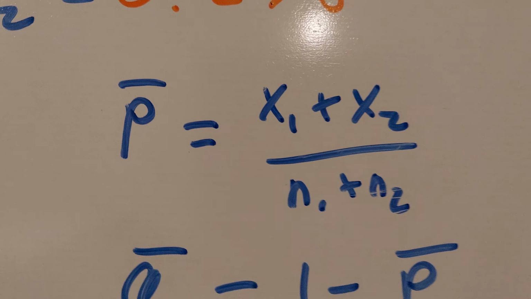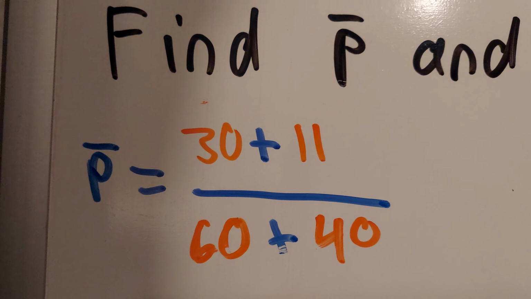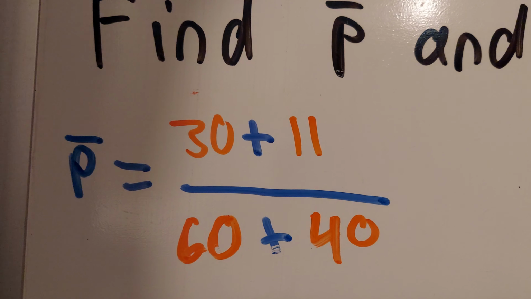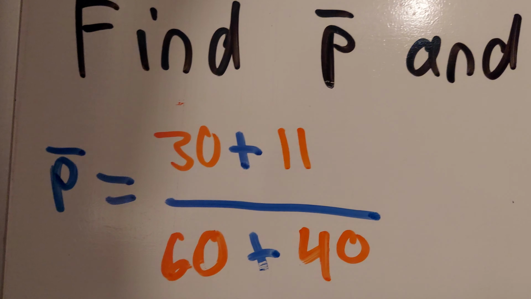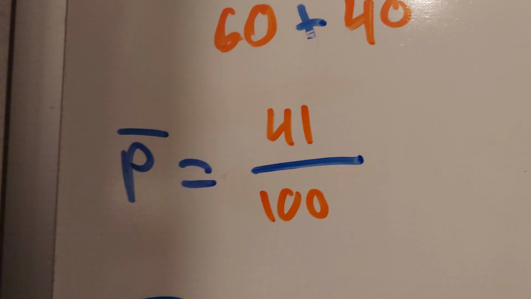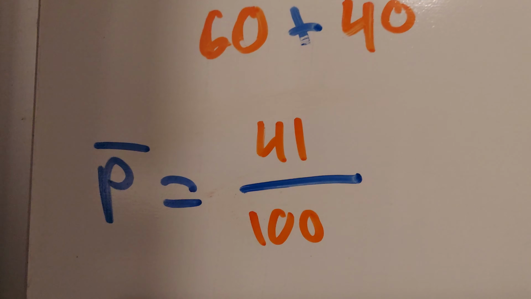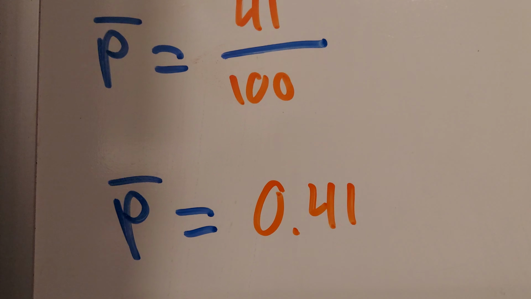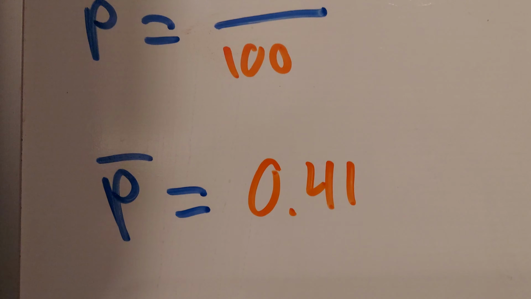I've already put the numbers in their respective places: x1 plus x2, 30 plus 11, divided by n1 plus n2, 60 plus 40. That simplifies down to 41 divided by 100, and when we simplify one more time, we get p line equals 0.41.